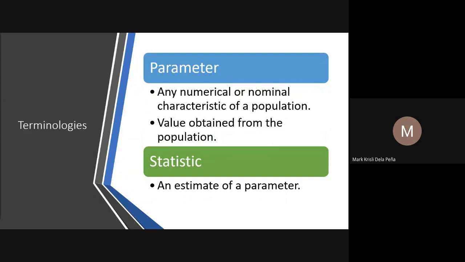So again, if you want to describe the measure of the population, then we use parameter. However, if we base it on a sample, when we describe or measure a sample, that is a statistic, an estimate of the parameter.